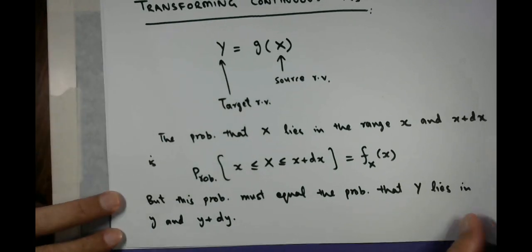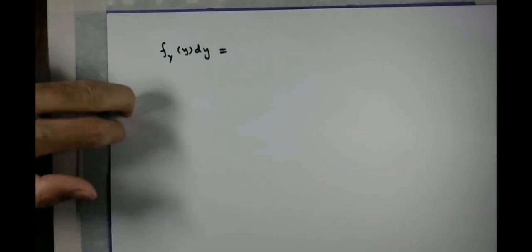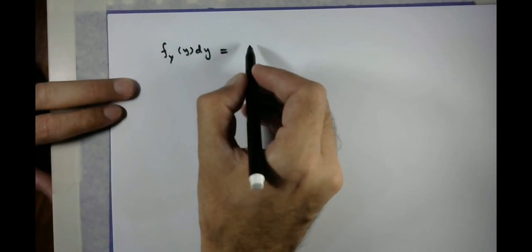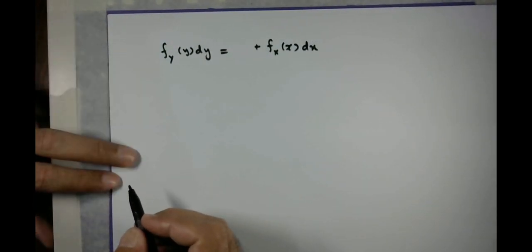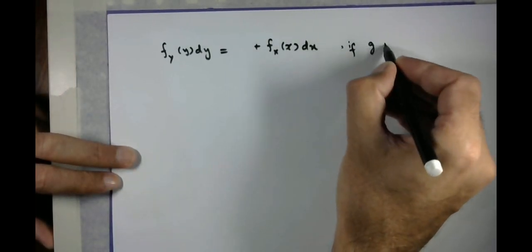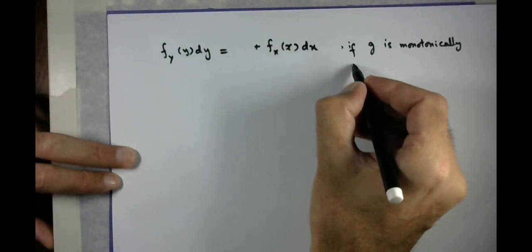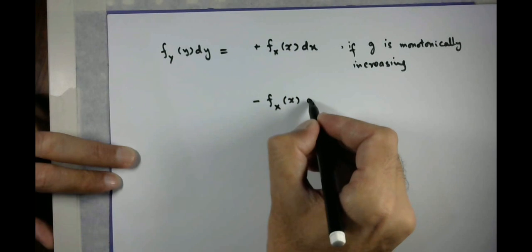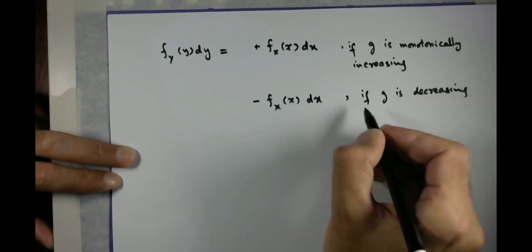So if this is the case, we can simply write that f sub y of y dy, the product f sub y dy, is equal to plus f sub x of x dx if the function g is a monotonically increasing function, and it is equal to minus f sub x of x dx if g is decreasing monotonically.